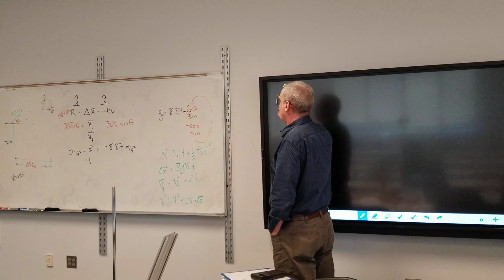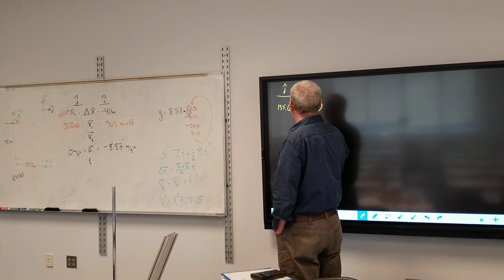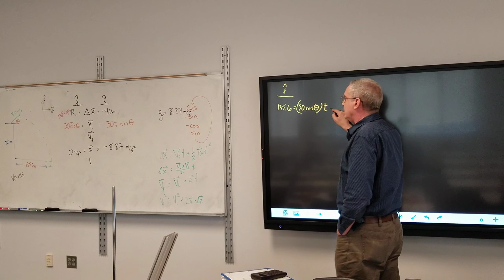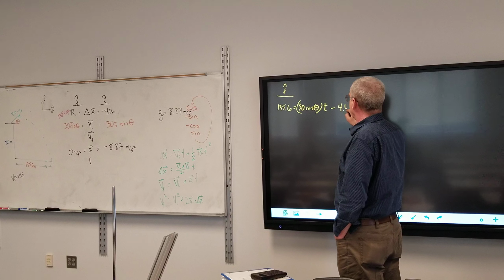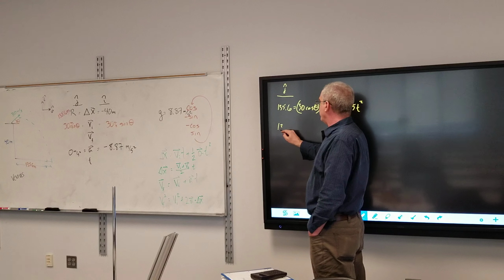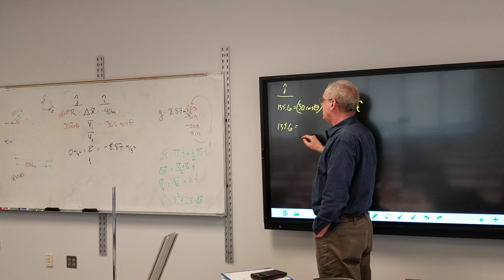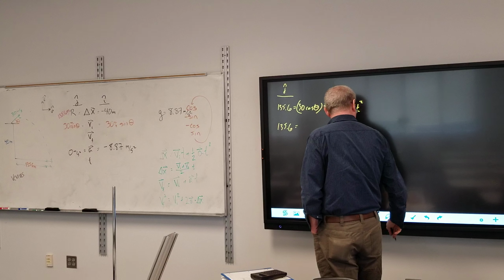We've got 135.6 equals 30 cosine theta times time minus 4.435 times t squared. Plugging into the second equation, we got 135.6 is equal to, oop, that is wrong.